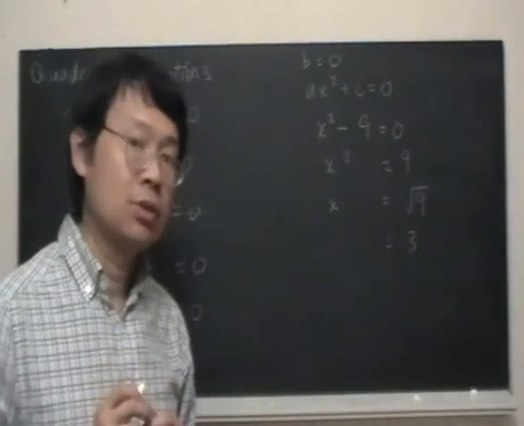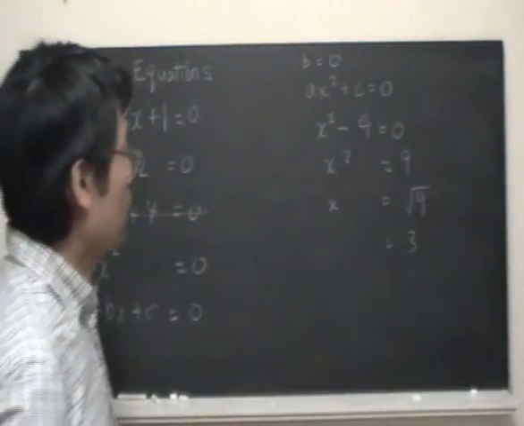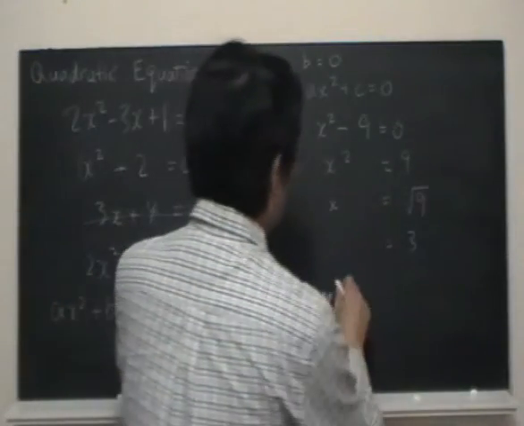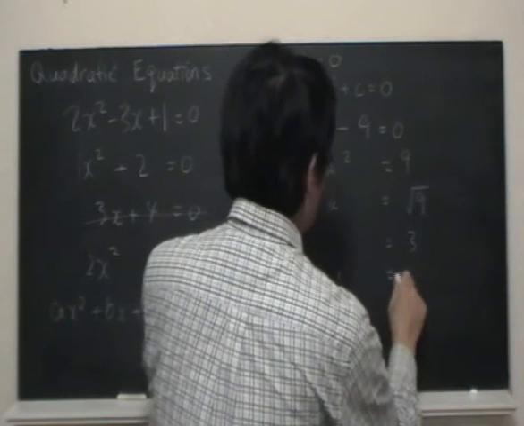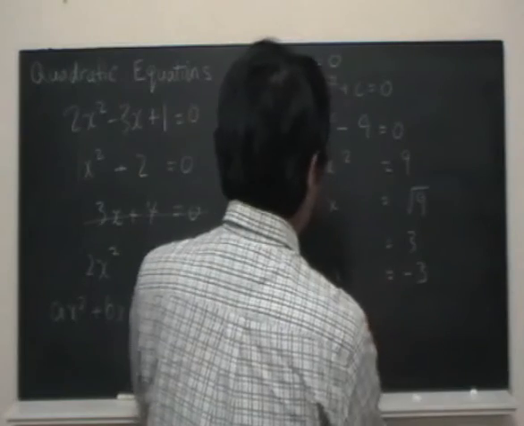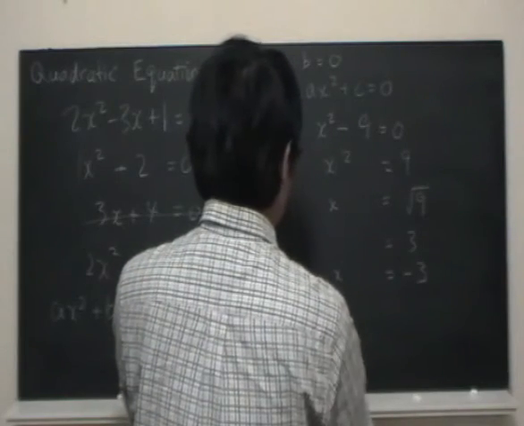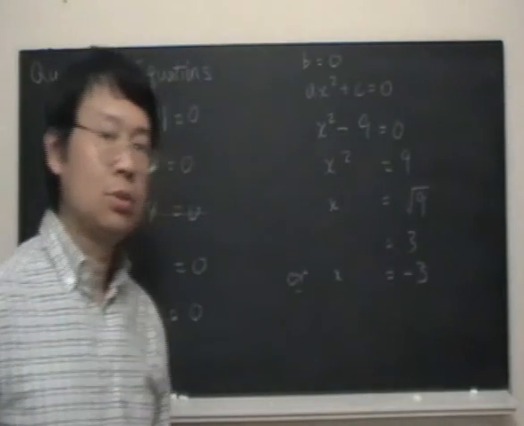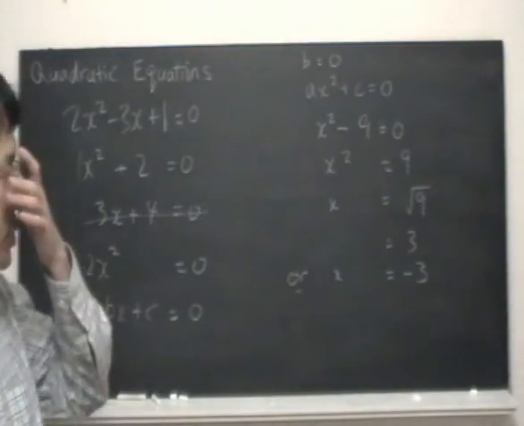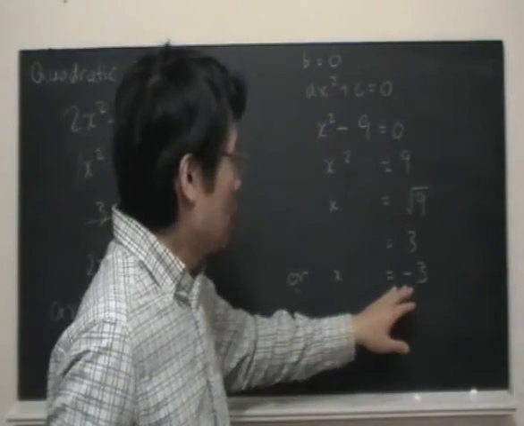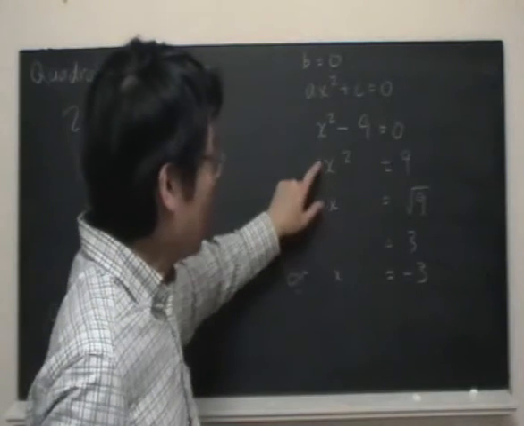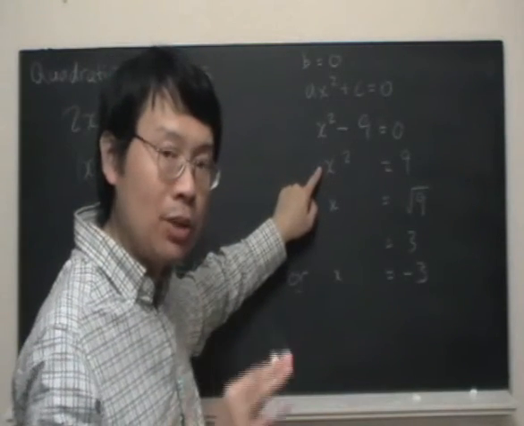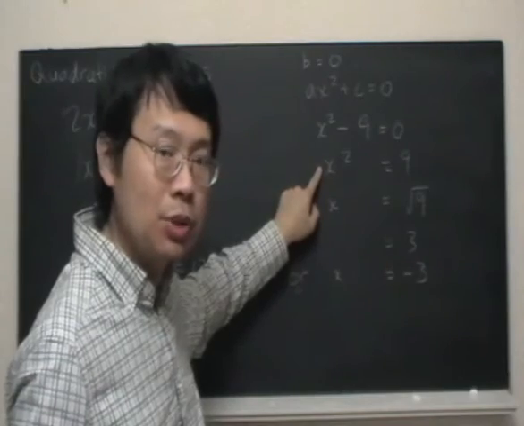But there is another solution. The other solution is minus 3. You see, if x is minus 3, then x squared is minus 3 times minus 3.